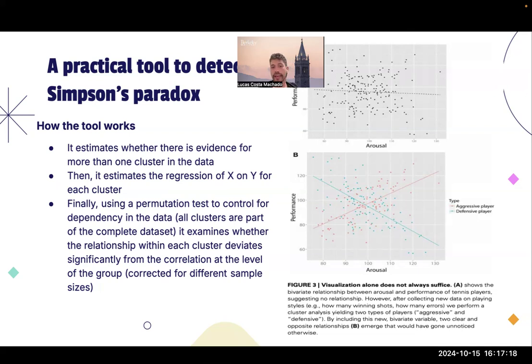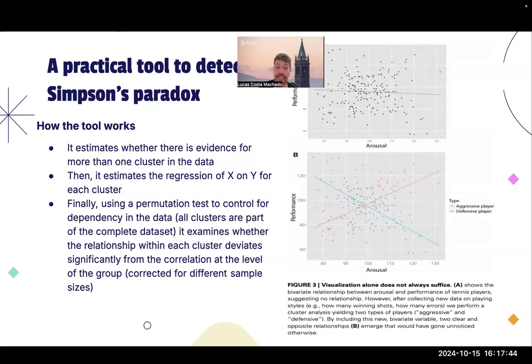But when you do the right clusterization, they took a lot of data about the players and created two clusters. One they call aggressive players and the other defensive players. Based on their statistics, they classified the players into those two categories, and they could see that the performance varies for the two groups.